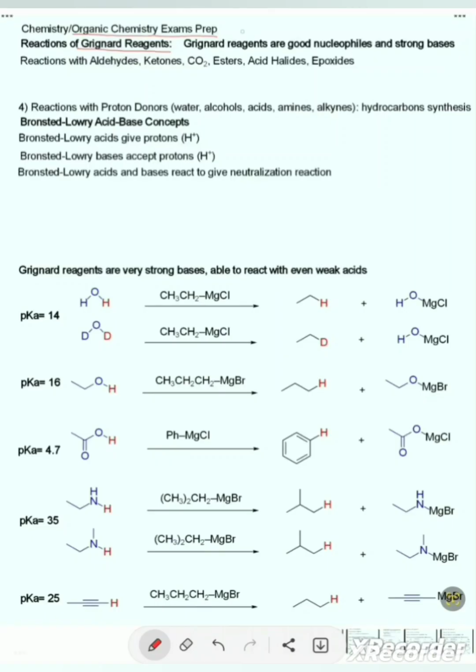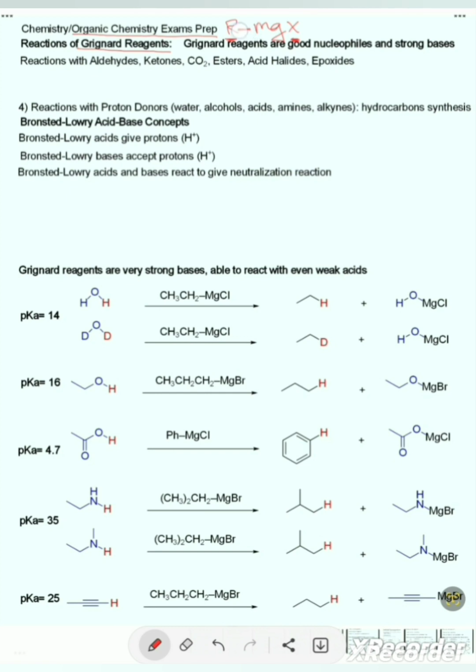So the general formula of the Grignard reagent is RMgX, where R could be an alkyl group or aryl group or a vinyl group. X is a halide, which usually is either bromide or chloride. The iodides are less common. So the bond between the metal and carbon in this organometallic compound is very polar.